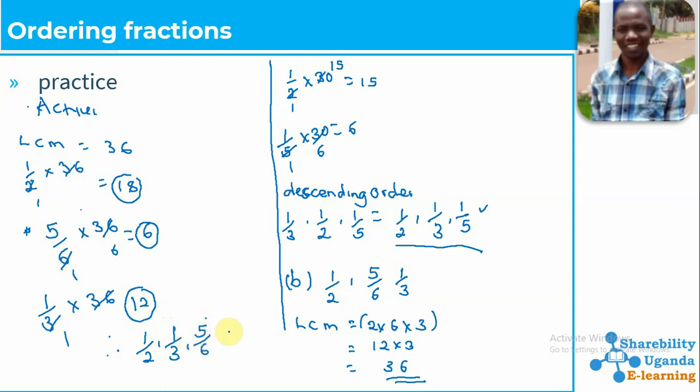So this gives us the answer for how our numbers should be arranged from the biggest to the smallest. We still have our last number here.